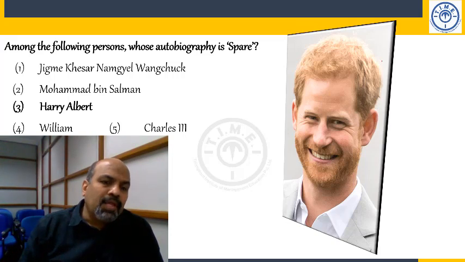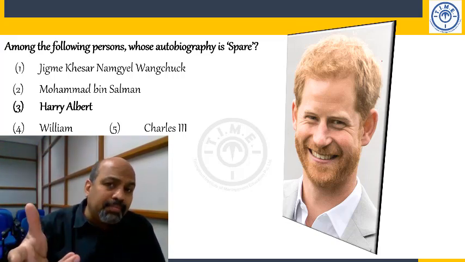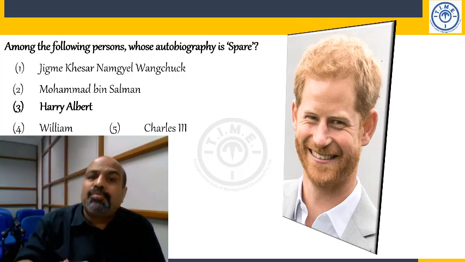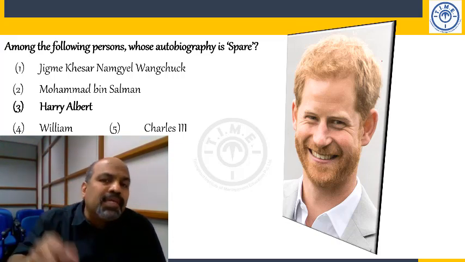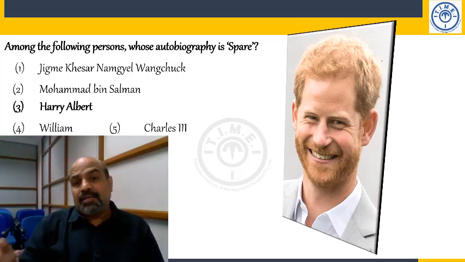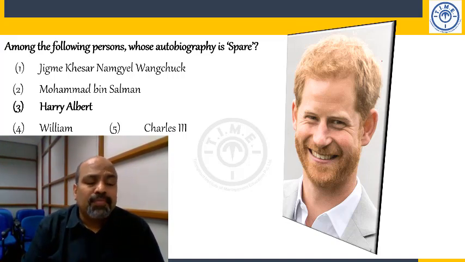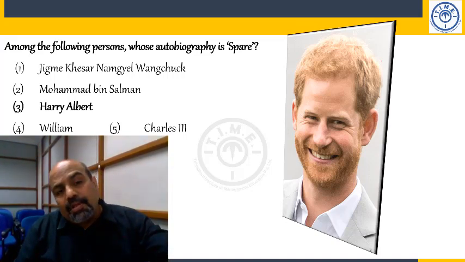Look at choice 5. When you write, it is Charles 3. When you read the name, before you read the number, the should come. Elizabeth the Second, Charles the Third. But when you write, you don't need to put the article the.